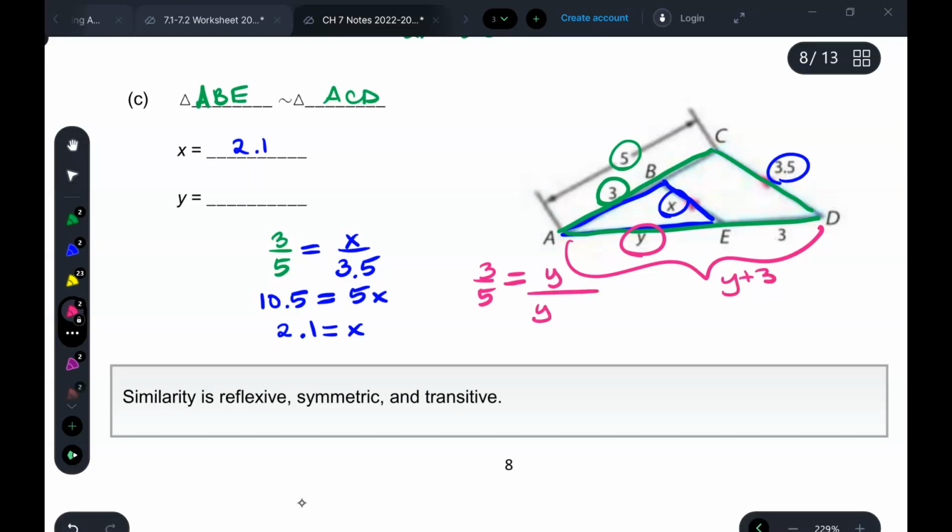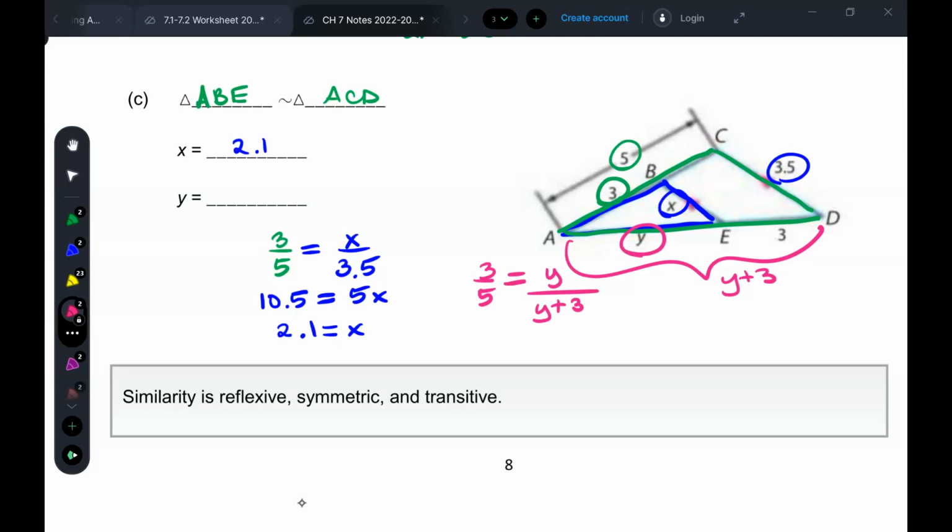y over y plus 3. Why did you compare 3 over 5 to y? Because that's the whole side. X over this side is 9 halves.